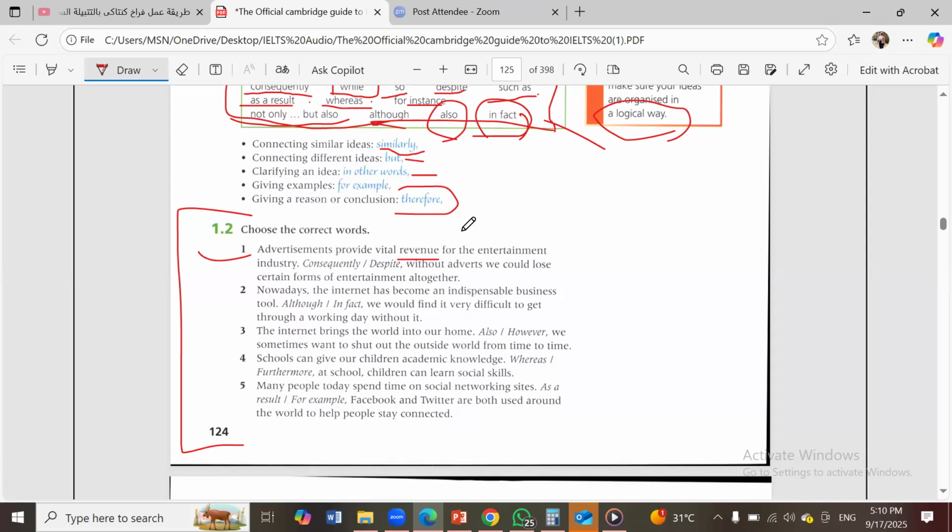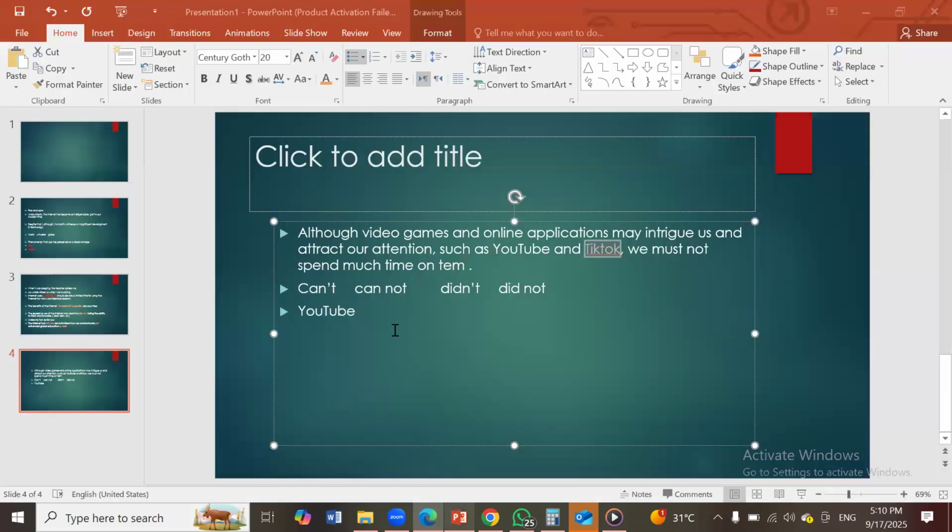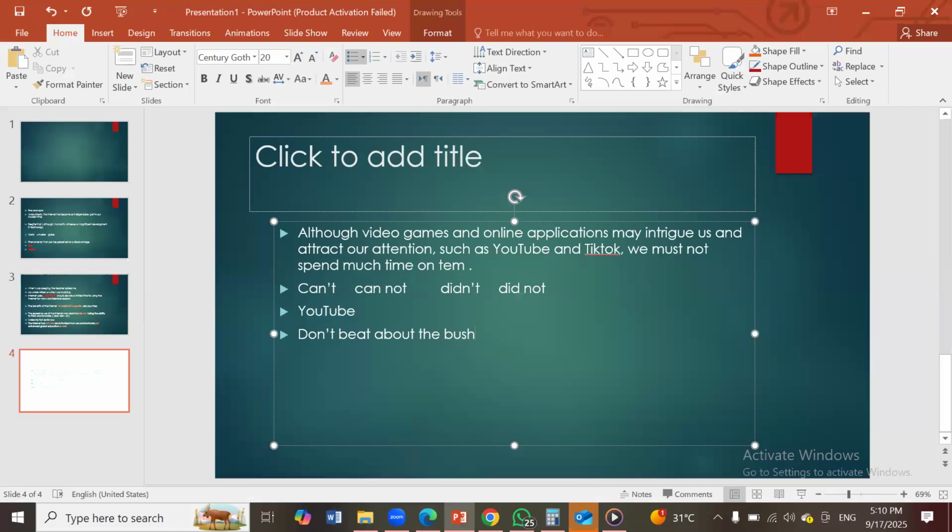No, revenue. بصوا بصراحة كلمة Advertisements provide vital gaining for the entertainment industry. تمام gaining، بس gaining يعني برضو مش دقيقة زي revenue معناها ربح مادي بحت. فما يعني ما تلفش ايه وتدور. Don't beat about the bush. عارفين الجملة الاكسبريشن ده؟ Don't beat about the bush. ما تلفش وتدور.